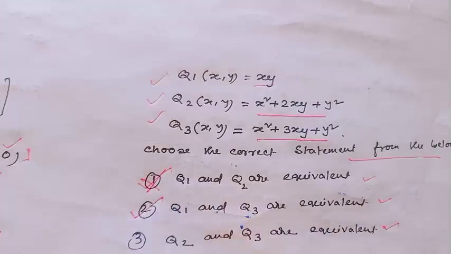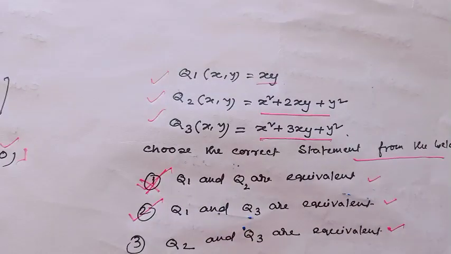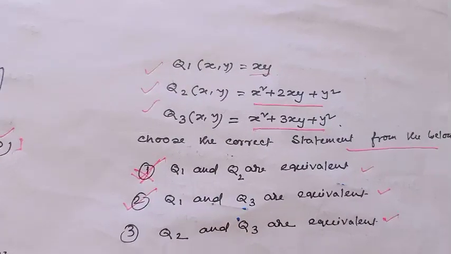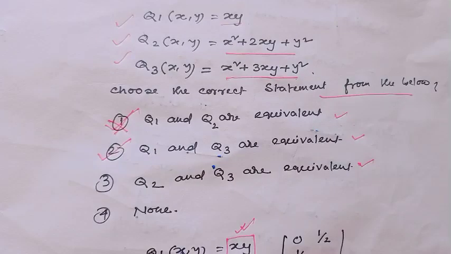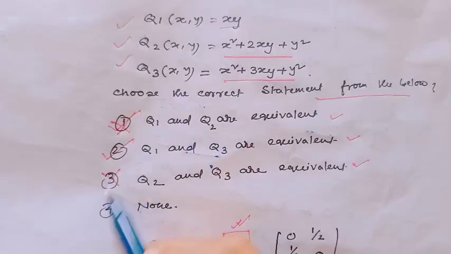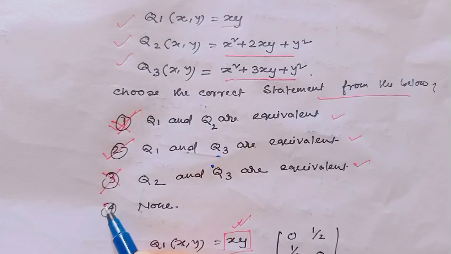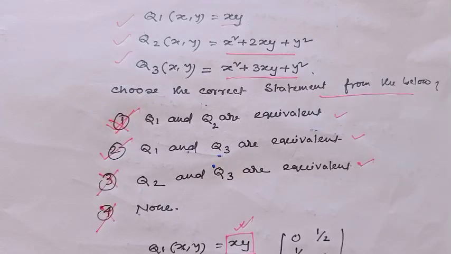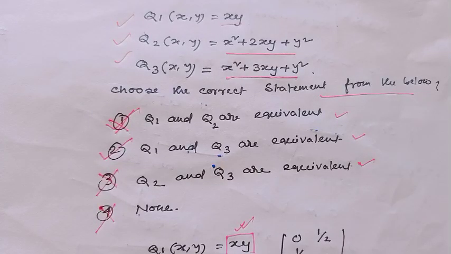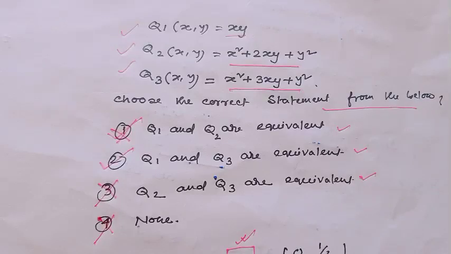Only option 2 is the right option, because option 2 indicates Q1 and Q3 are equivalent, and option 3, Q2 and Q3 are equivalent, is a wrong option. Also option 4, none of these, is also a wrong option. Only option 2 is the right option: Q1 and Q3 are equivalent. I hope all my viewers have understood this concept: how by finding eigenvalues and by the concept of inertia we can tell whether quadratic forms are equivalent.